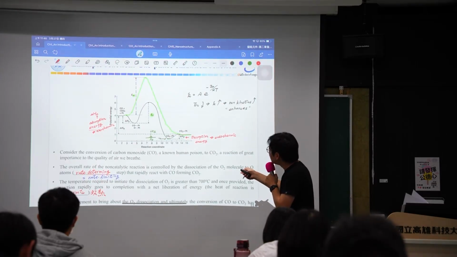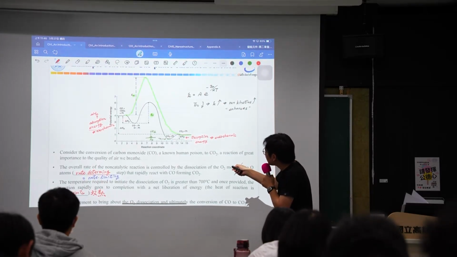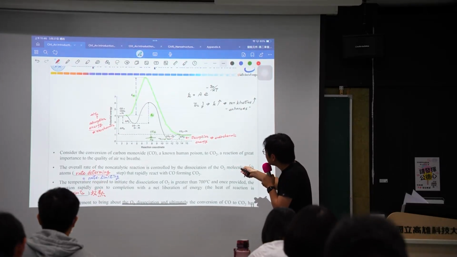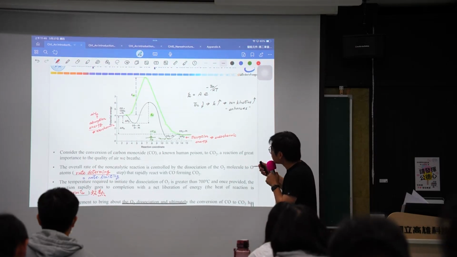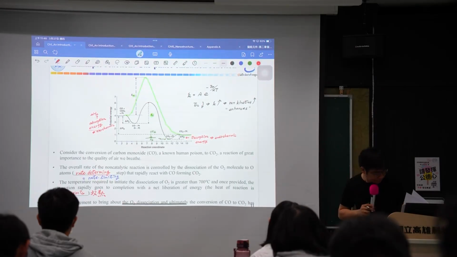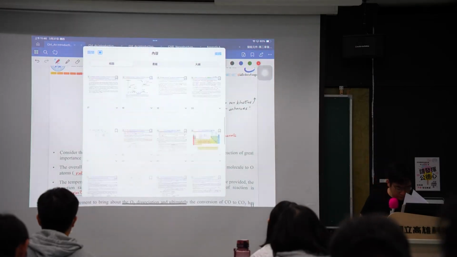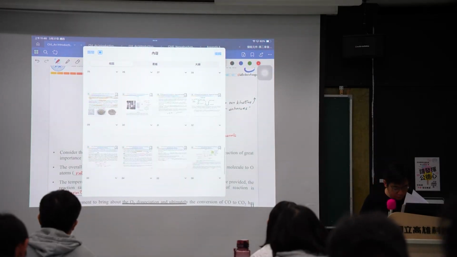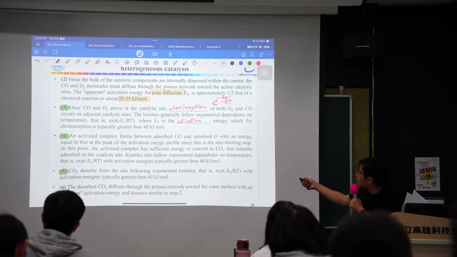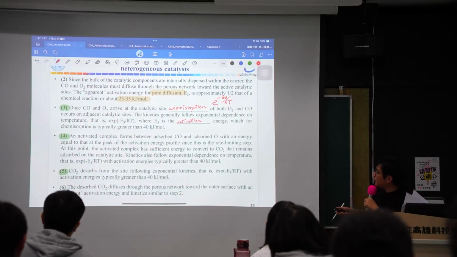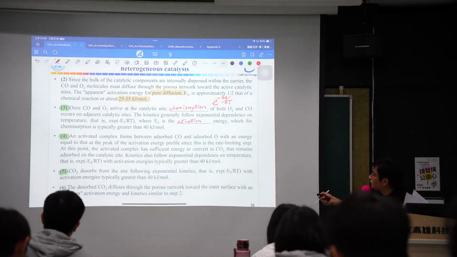So this is step 3, step 4, step 5. Heavy solution, chemical reaction. Okay, this is the heavy solution. Okay, step 4.